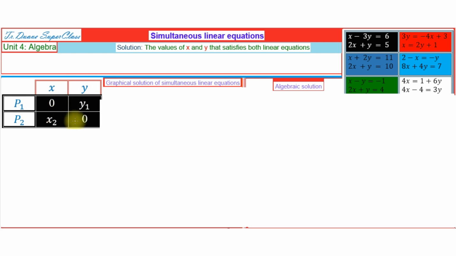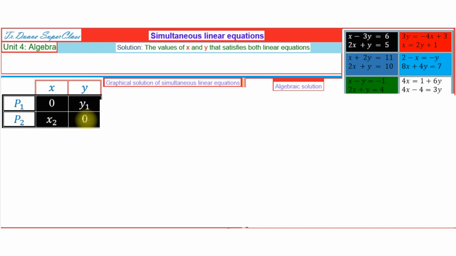The first point represents the coordinates 0 and y, and the second point is x and 0, which means for the first point we need to find the value of y making 0 the value of x, and for the second point we need to find the value of x making 0 the value of y.